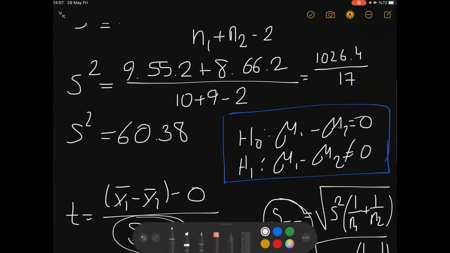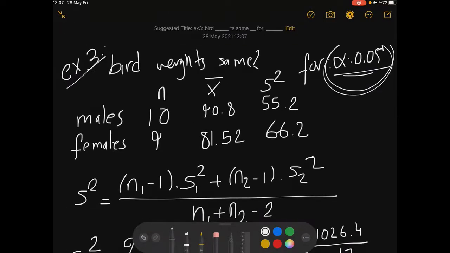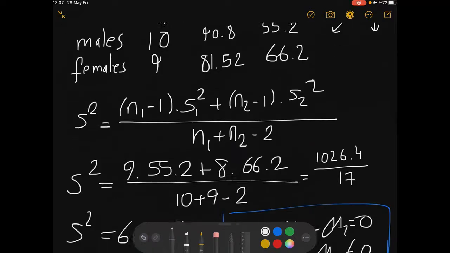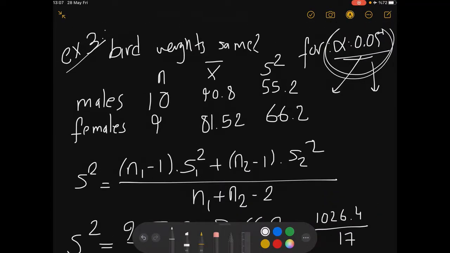But where are we? What is our rejection region for this value? Since it is the not-equal case, that should be two-tailed, right? And what should be your degree of freedom for combined? Remember, 10 plus 9 minus 2, so that should be 17.